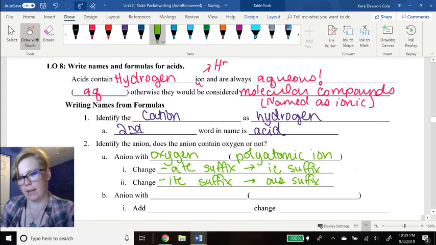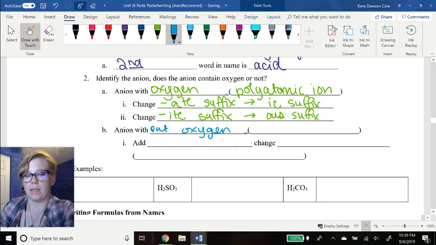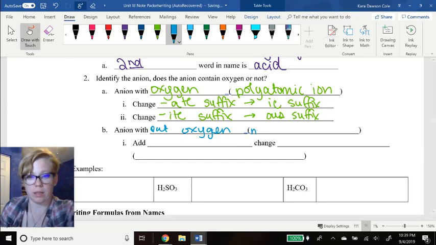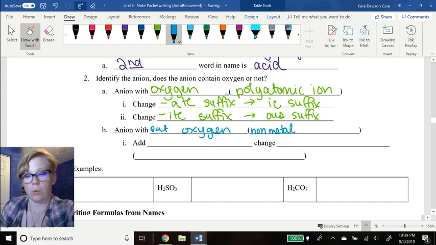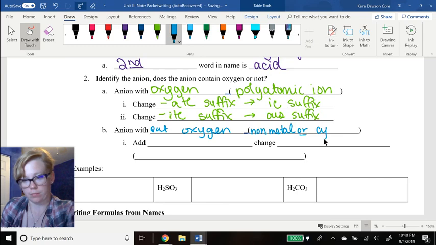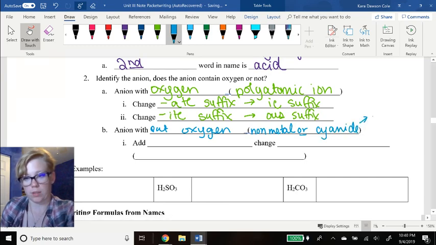Now, if I have an anion without oxygen, it is either a nonmetal or it is cyanide, which is CN minus.